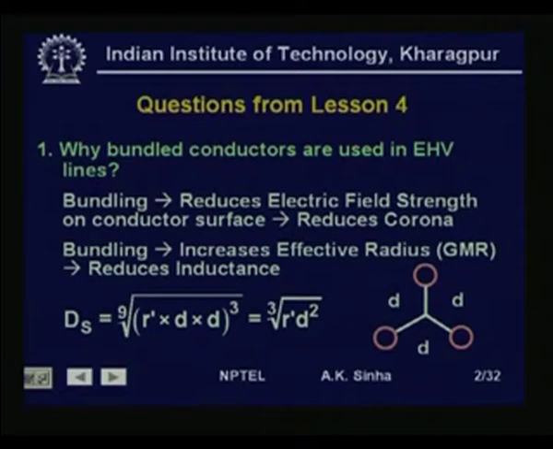As seen here, the effective radius for a 3 conductor bundle, spaced at a distance d from each other, with a radius r', is given by the 9th root of (r' d)^3 d^3... which is equal to the cube root of r' d squared.